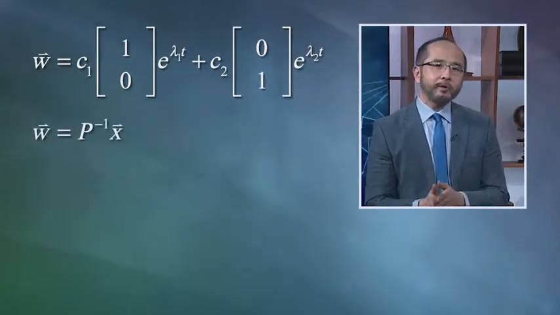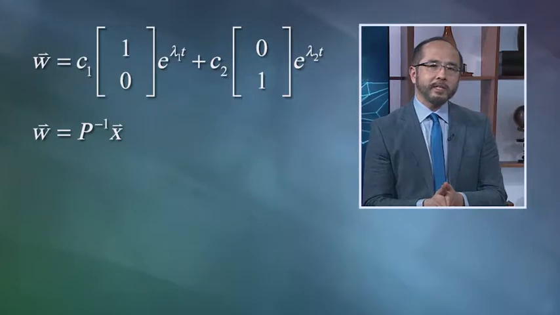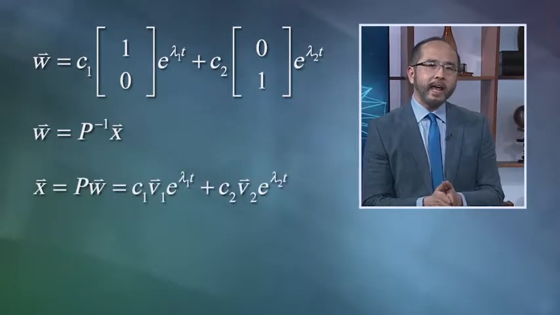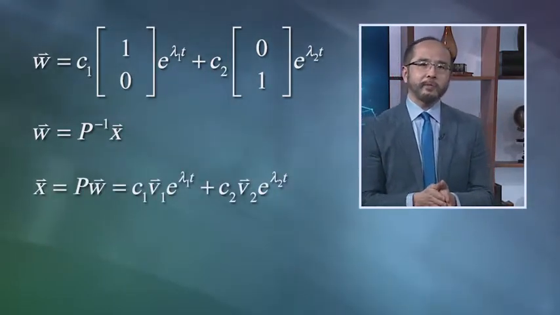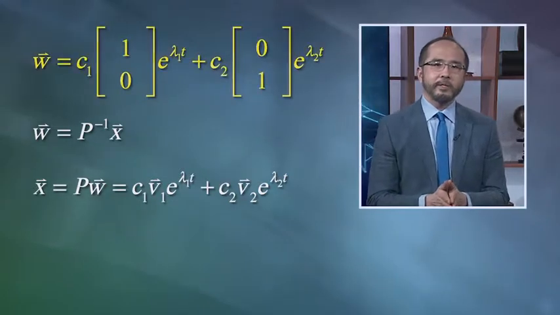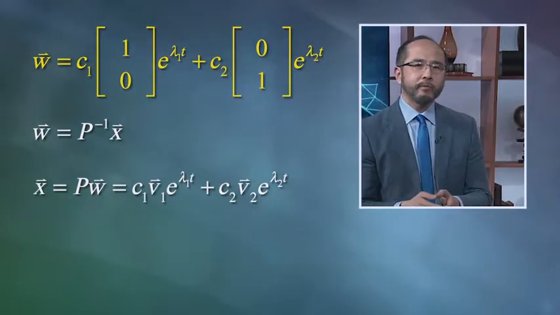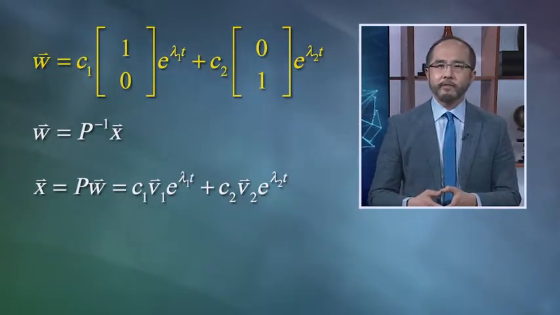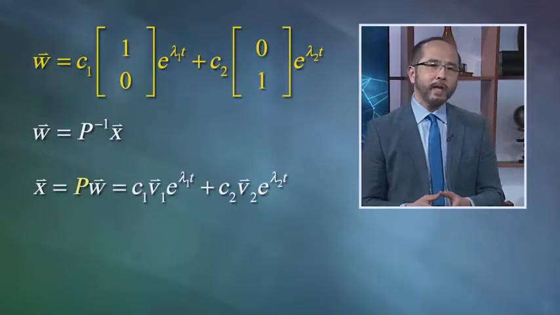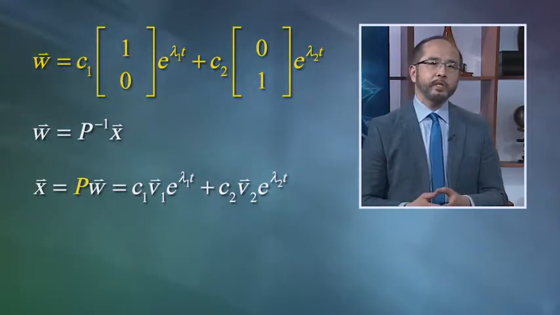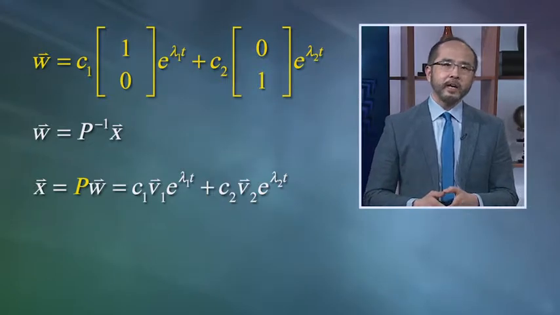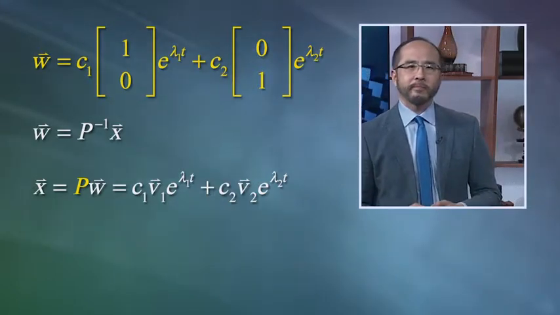But since w equals P inverse times x, then x equals P times w. Now notice w is a vector written as a linear combination of vectors.